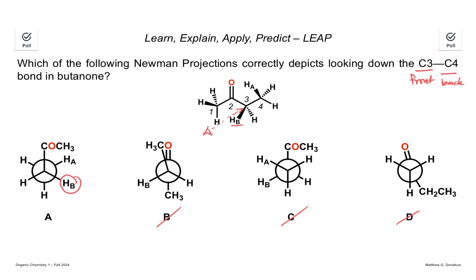So essentially A is going to be the correct answer. The carbonyl group has to be up, which we see, and then this H, which is projected back, is going to be down and to the left. Because HB and HA are on the same side projected out towards you, we need to show that here, and we do. And then the remaining substituents on the back are the two hydrogens of carbon 4.